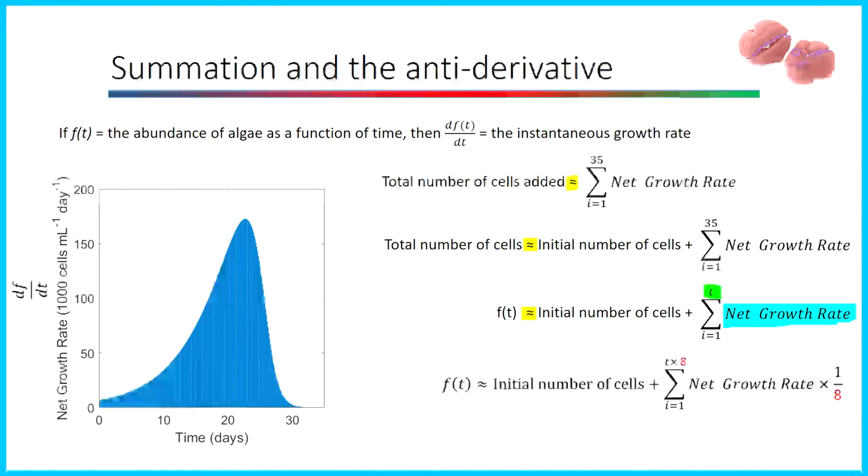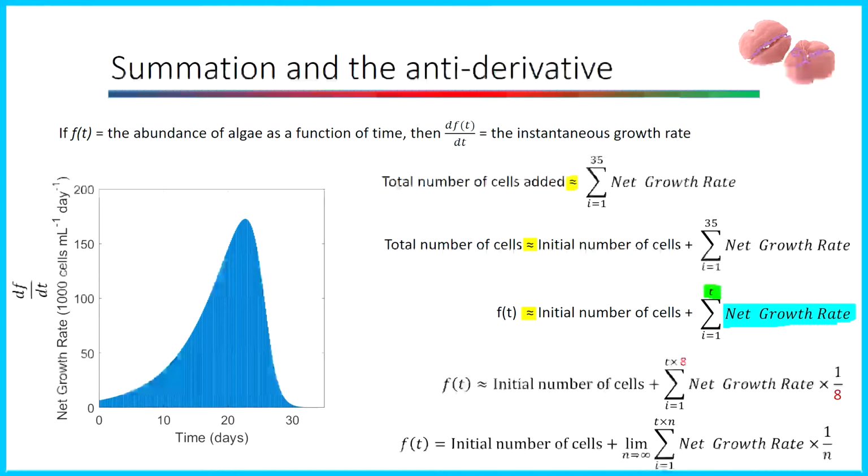And if we want to talk about trying to make almost an infinite number of measurements, we can start to use the mathematical language of the limit that we learned about before. So let's write this equation as f of t equals the initial number of cells plus the limit as n approaches infinity of the sum from i equals 1 to t times n of the net growth rate times 1 over n.